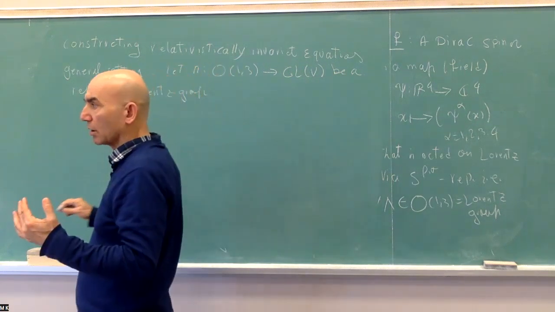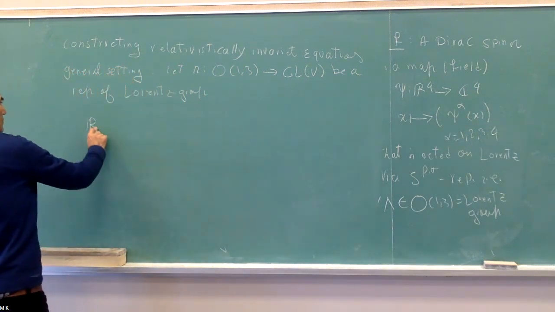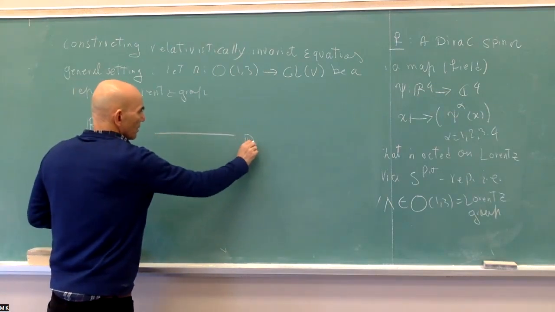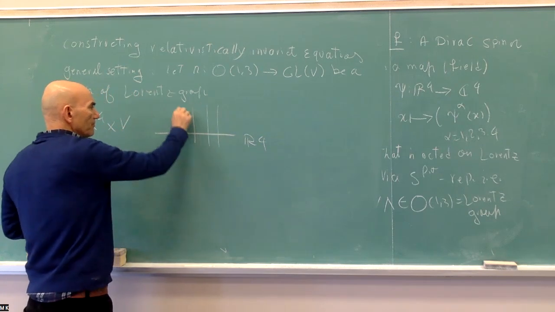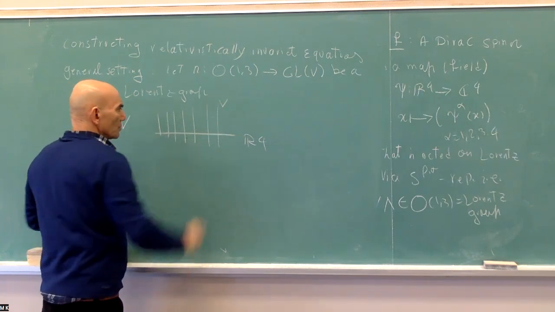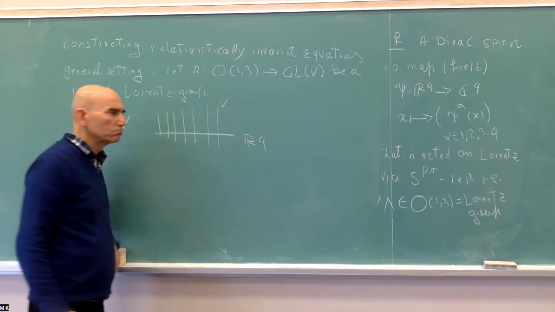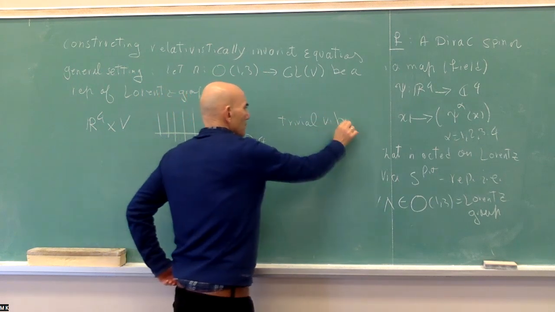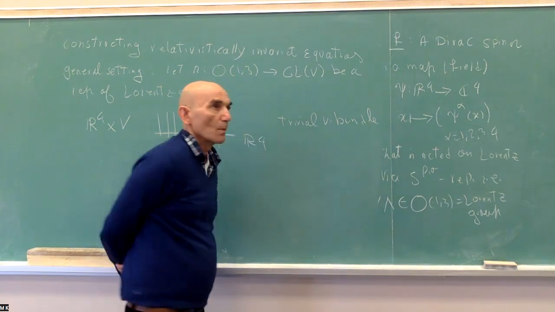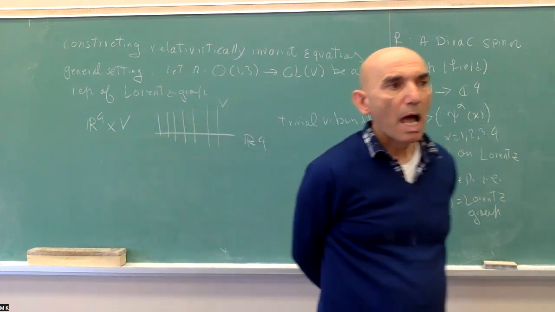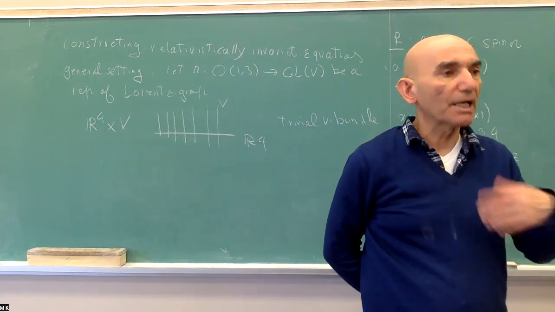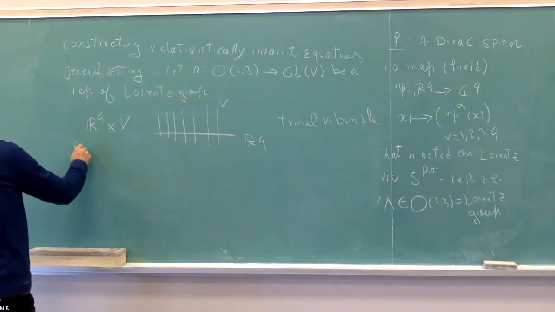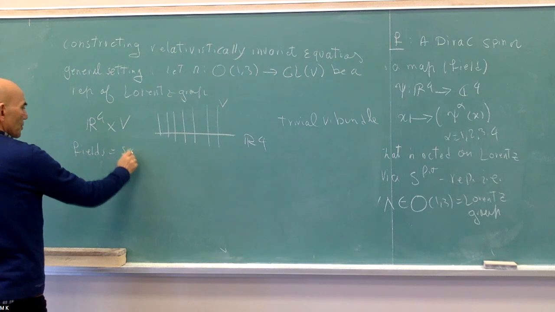You have this R4 cross V, so this is R4 and your fibers are V. This is a trivial vector bundle. We will look at this trivial vector bundle, and our fields are sections of it.